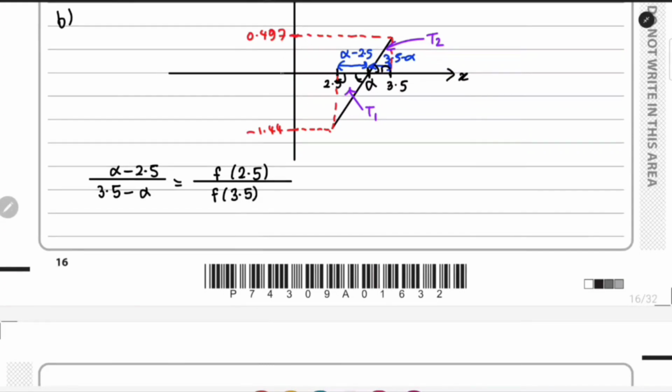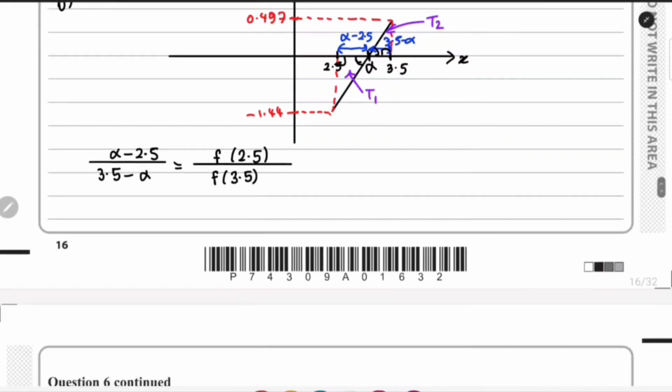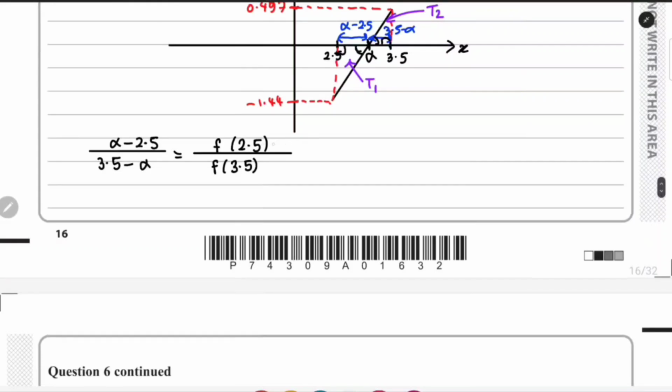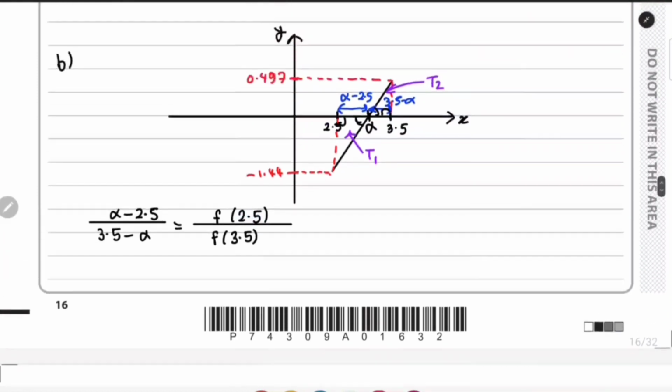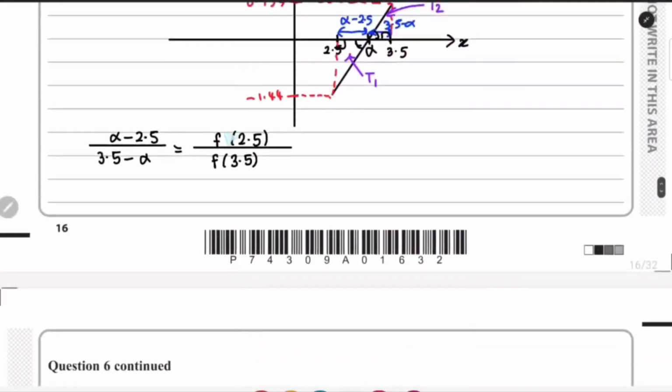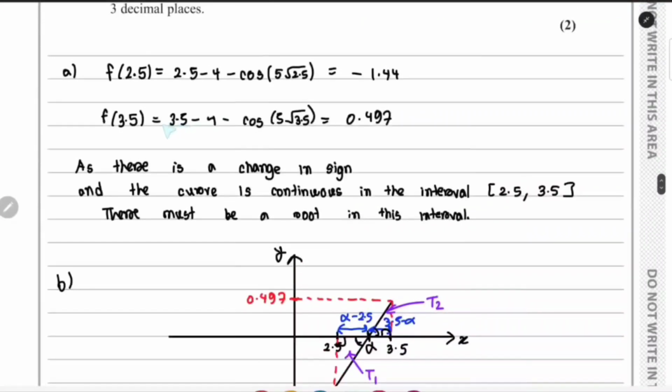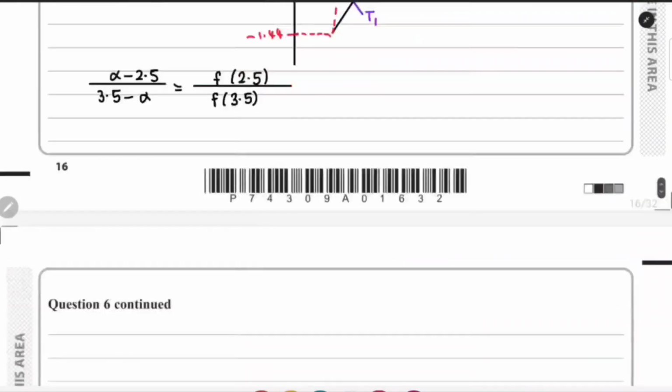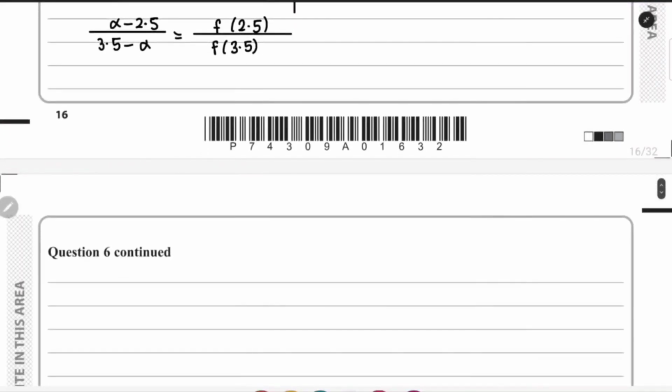The approximate values are 0.497 and minus 1.44, but for questions like this, you will have to use exact values. So carry the answer values in your calculator from part A, or put them in the equation we have. So write this whole equation down exactly as it is in your calculator when solving this.